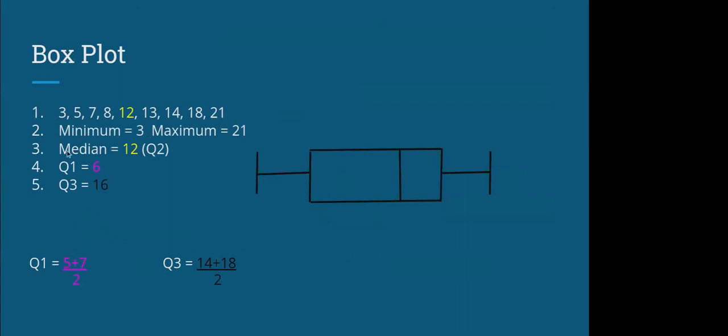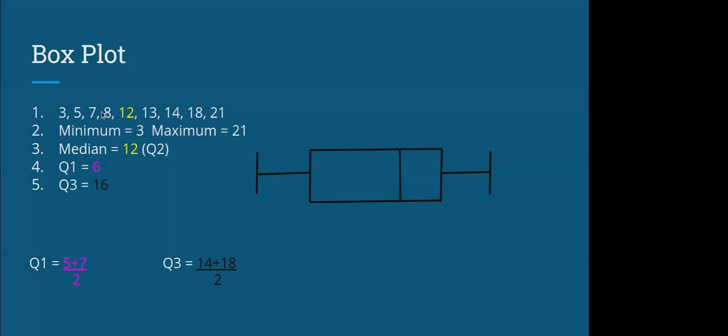So you find the median of the data set itself first, because the median then splits the data into 2 parts: the lower half, which is 3, 5, 7, and 8, and the upper half, which is 13, 14, 18, and 21. So now, Q1, and that was the question Quay had. She said she forgot a little bit. Q1 is the median of this first portion of the data.